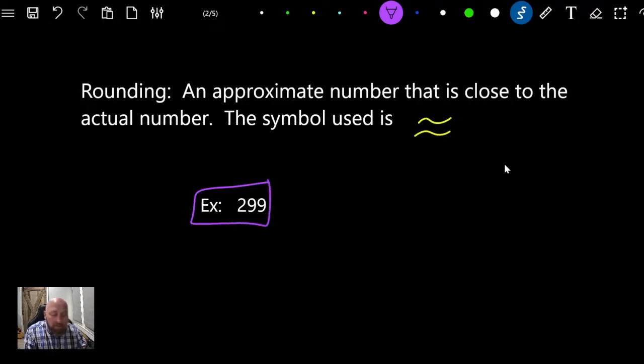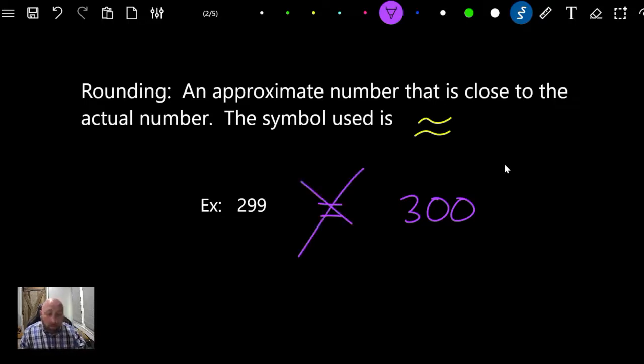What is this number really close to? Well, 299 is very close to what? 300. Now, 299 is not equal to 300, right? It does not equal 300. 299 is approximate to 300.